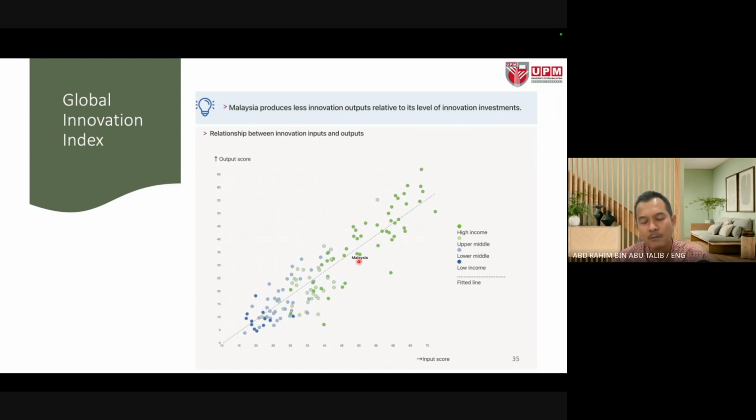So the government provides less input, so that's why the innovation investment is less. At the same time, companies that invest in innovation don't get a lot of incentive from the Malaysian government. So that's why we sit in the middle.